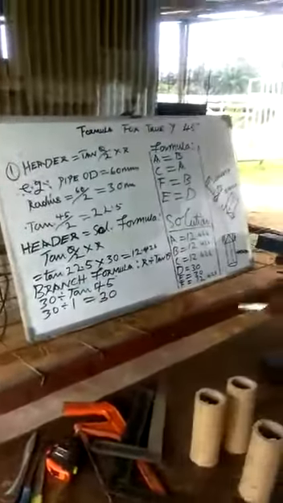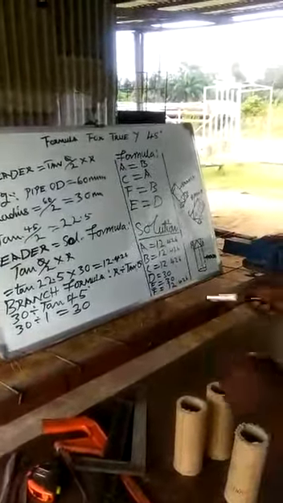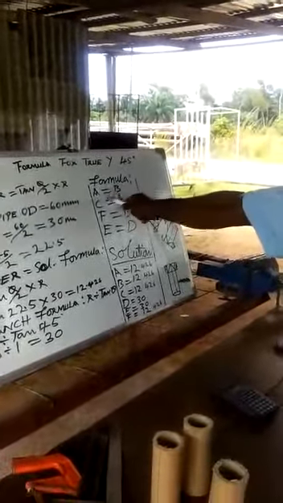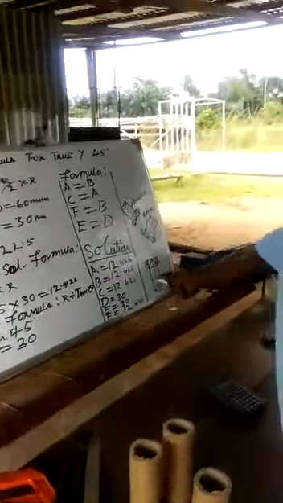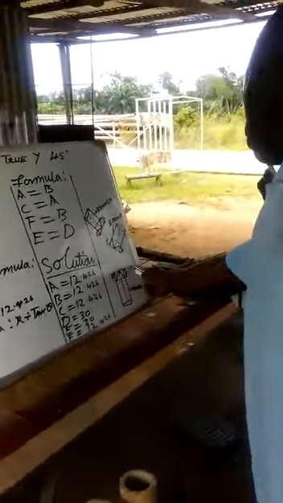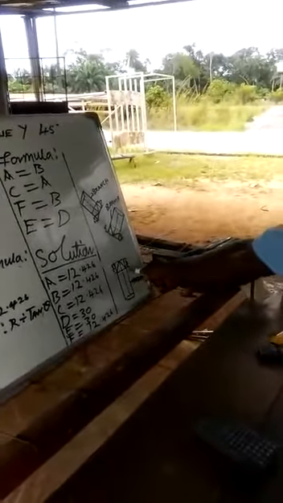So now we move to the formula. In this formula, A is equal to B, so in the header, what you have here is what you will have here.